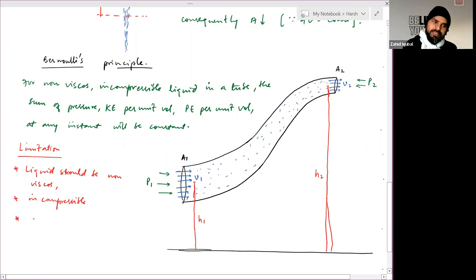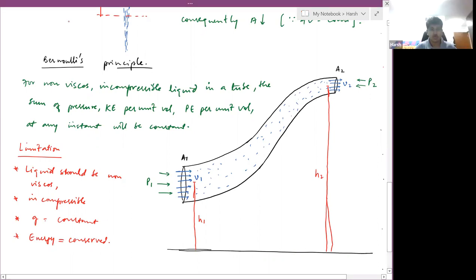There will be no change in gravity throughout, it means gravity will be constant, and hence energy should be conserved. Any doubt? No, sir. Okay, just write it down till this part first.